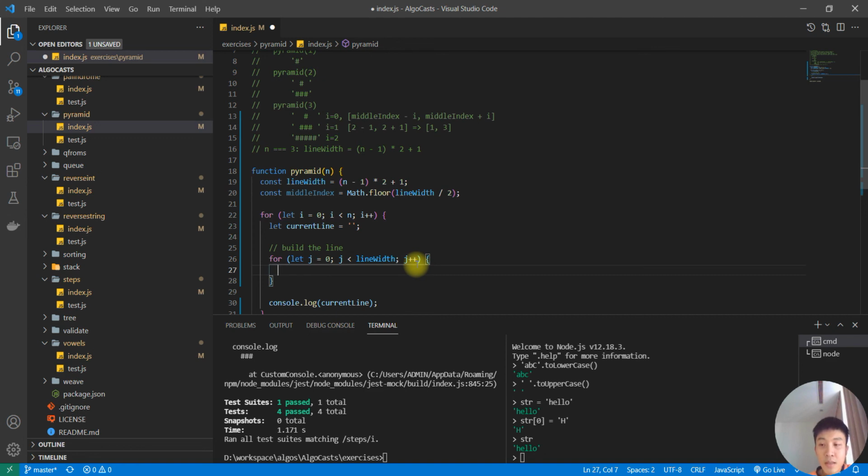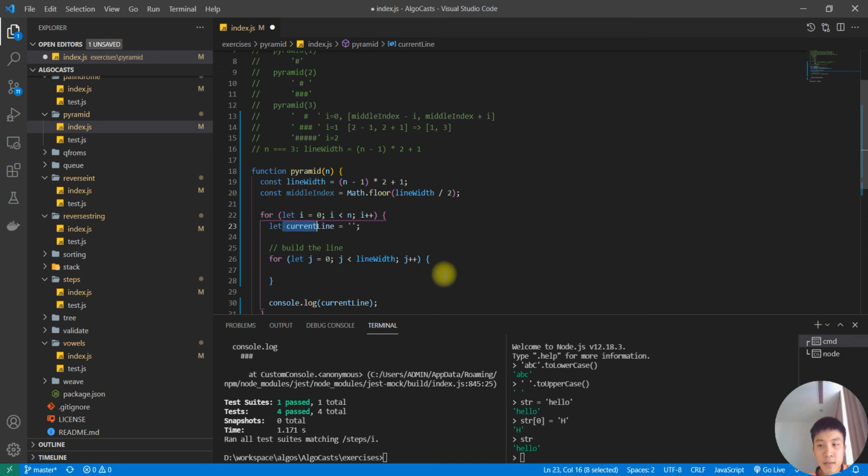If the index is between the range that we calculated, then we add a hash to the current line.